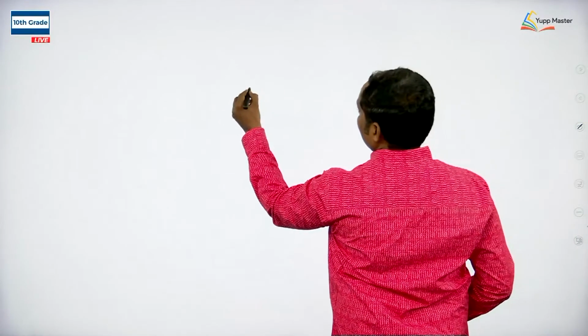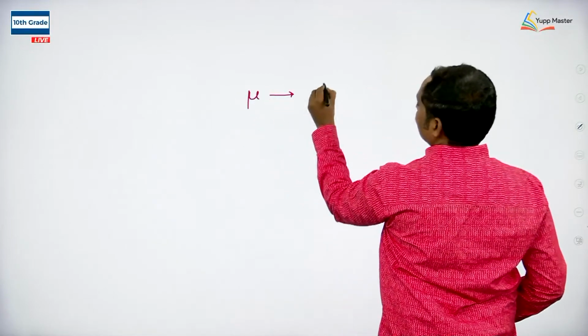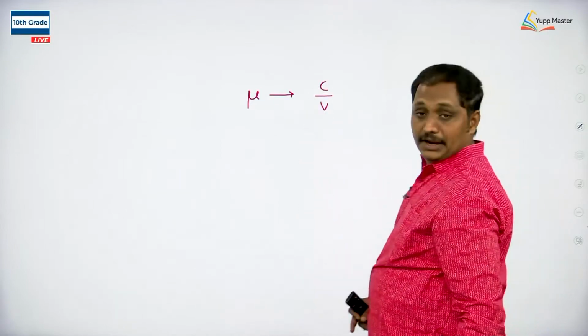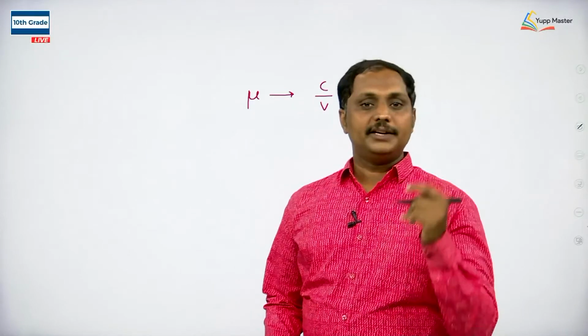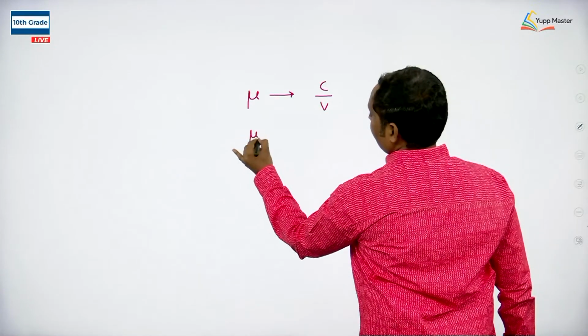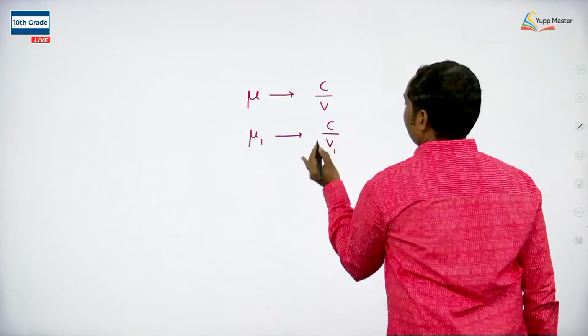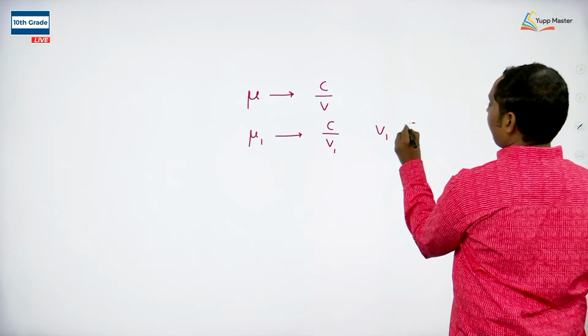You can talk about that mu is the ratio of the speed of light in vacuum to the speed of light in the medium. Now, let us go for mu 1, that is C by V1. So, what is V1?